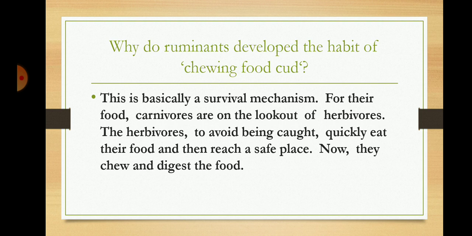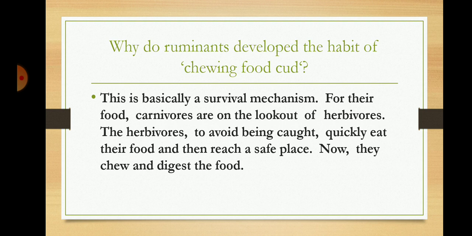The predators, the carnivores or the omnivores, are always in search of herbivores or these ruminants, and that is why they are always in a hurry, that they will first just swallow the food, then go to a safer place and there they will chew their food.